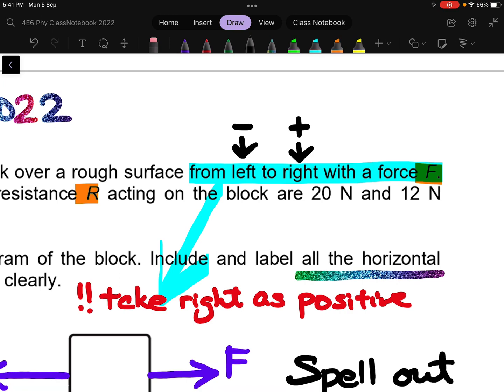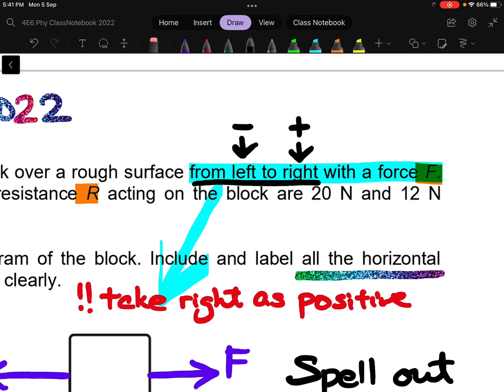So basically, you will assign the minus or plus depending on how the object moves. If the object is moving towards the left, then you should assign positive towards the left. If the object is moving upwards, then you should assign positive as upwards. If the object is initially moving downwards, you assign downwards as negative.